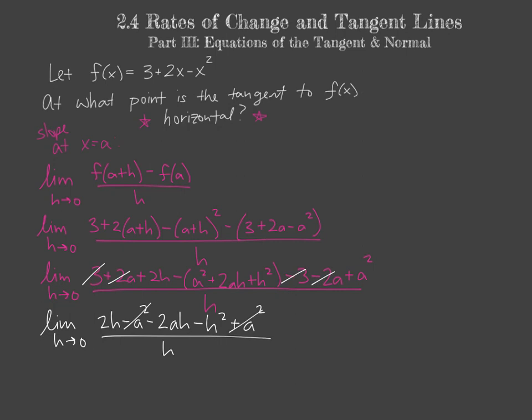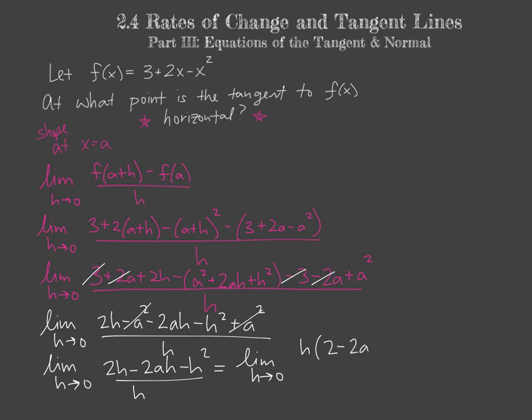There we go. So we have the limit as h goes to 0 of 2h minus 2ah minus h squared all over h. And of course, we can factor out an h here, since if we direct substitute, it's still 0 over 0 at this point. So if we factor an h out of the numerator, we have 2 minus 2a minus h all over h.